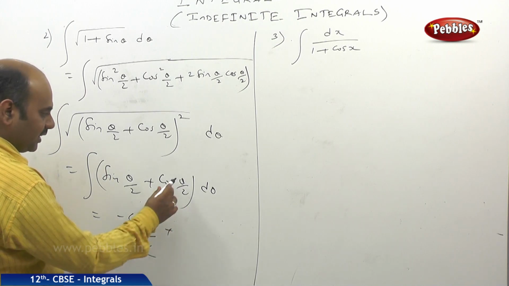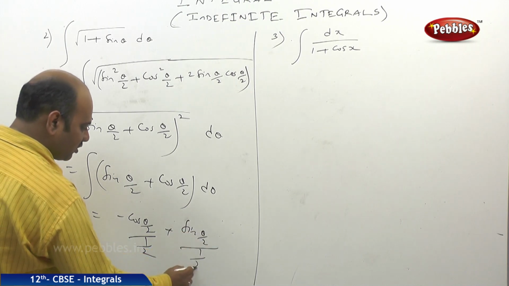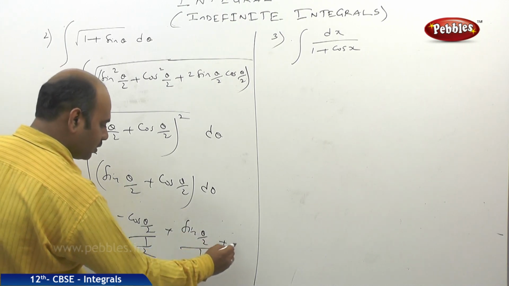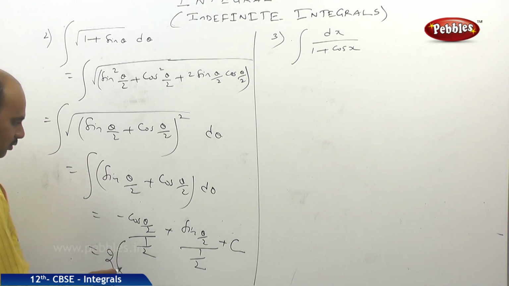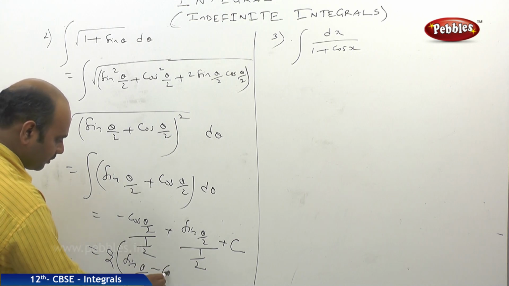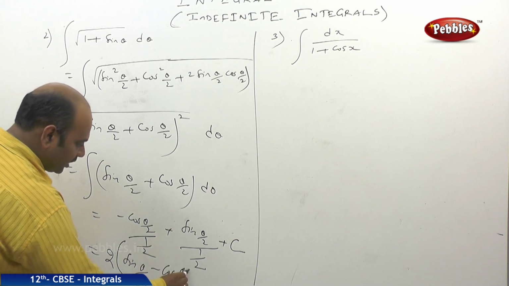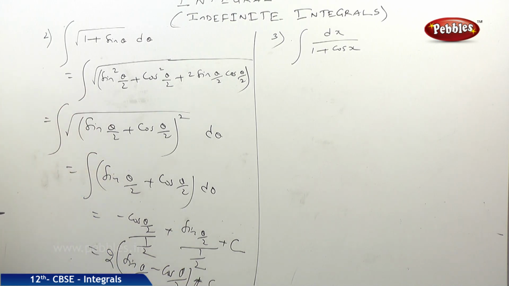And integral of cos theta by 2 is sin theta by 2, but the coefficient of theta is 1 by 2, it comes to the denominator, and here plus c. So 1 by 2 going up becomes 2. So 2 into (sin of theta by 2 minus cos of theta by 2) plus c. This is our final answer.